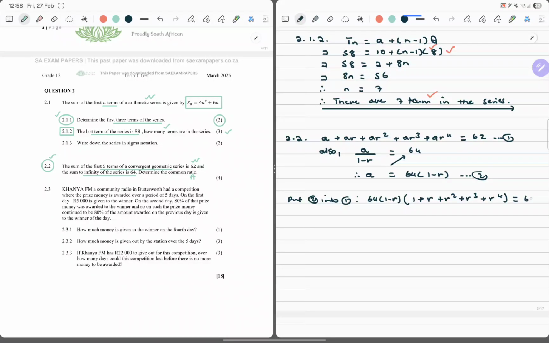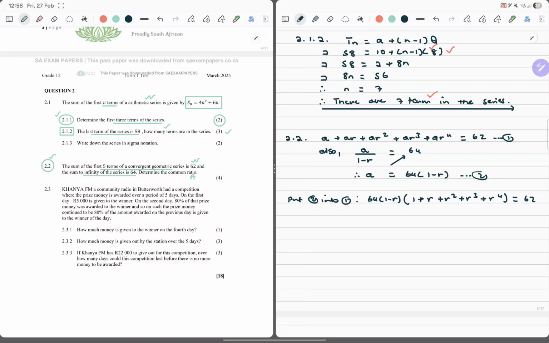This must be equal to 62. I just factored A out to avoid a situation where I end up with too many long terms, because this must be before every r. Now I'm going to run out of space.